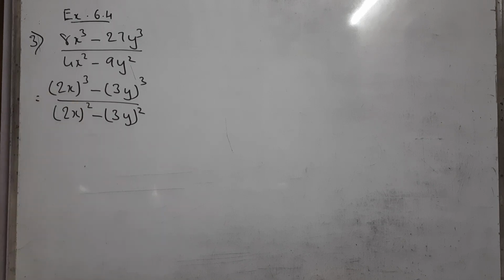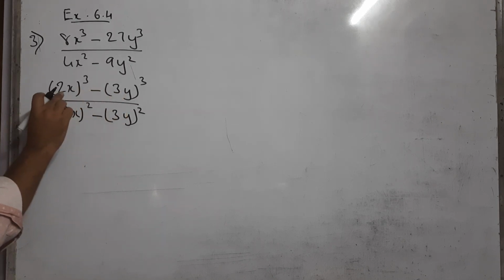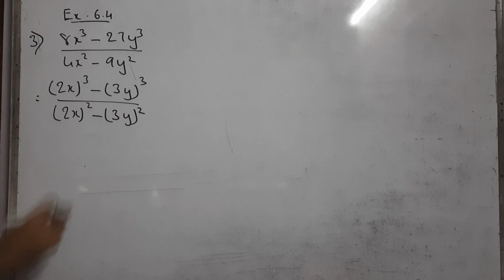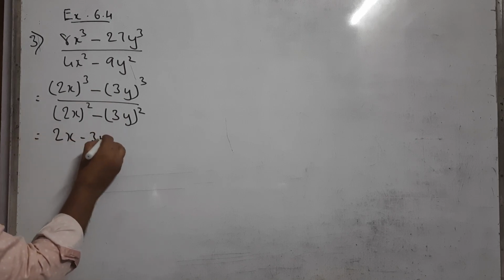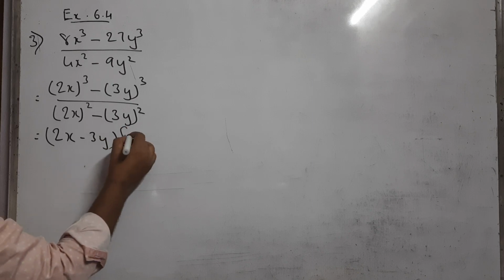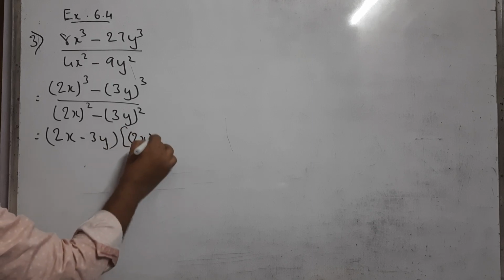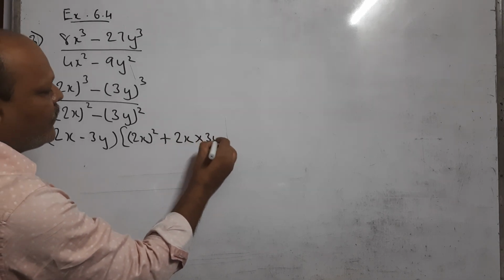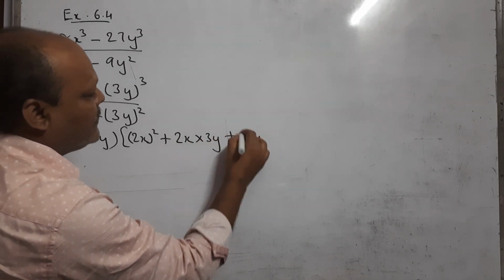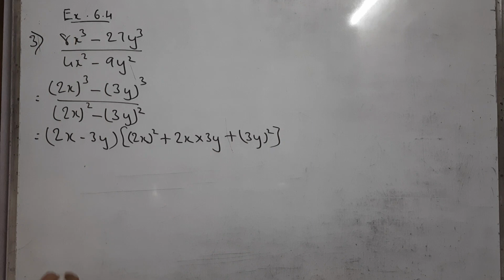Okay, now in the numerator, this is my a and this is my b. The a cube minus b cube formula is a minus b, after that a square plus a into b plus b square, according to the formula we have applied here.